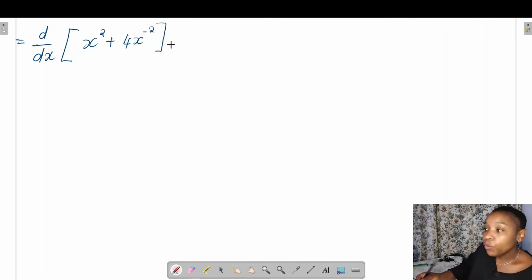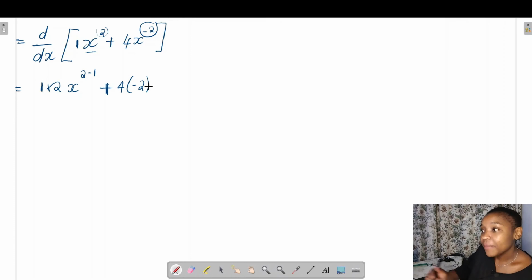Let's apply the rules of differentiation: this 2 multiplied by this 1, x to the power of 2 minus 1. Plus this 4 multiplied by this -2, x to the power of -2 minus 1. That is our rules of differentiation.